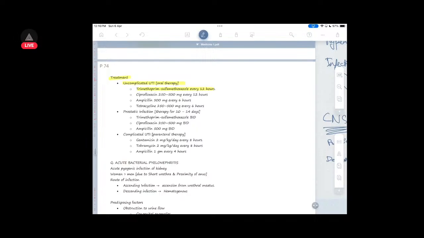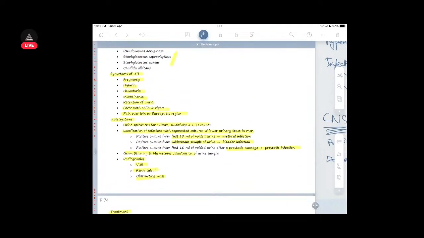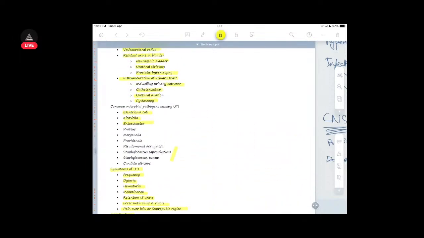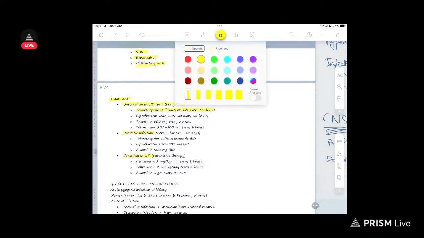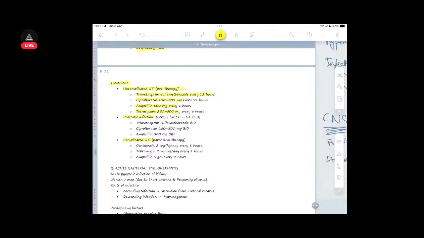Okay. So yesterday we had stopped at treatment of UTI, which consists of uncomplicated, prosthetic infection, and complicated. In uncomplicated, you have trimethoprim-sulfonamide, ciprofloxacin, ampicillin, tetracycline. All of them you can give.